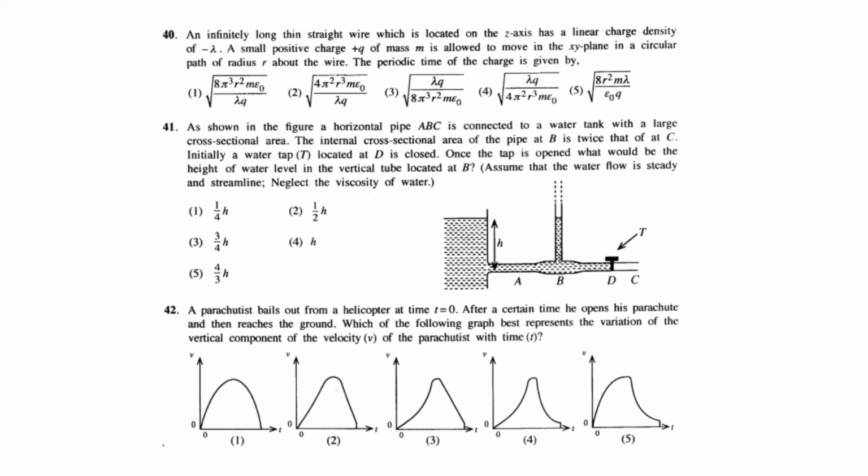Let's apply Bernoulli's theorem for the points A and C again. For the point A, P plus half rho V squared plus rho G H. P is atmospheric pressure plus the liquid pressure rho G H, plus half rho V squared. Since this is a large tank, the velocity of water at A is considered to be 0. Then half rho V squared is 0.